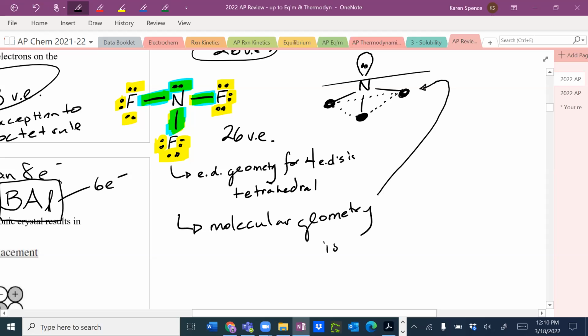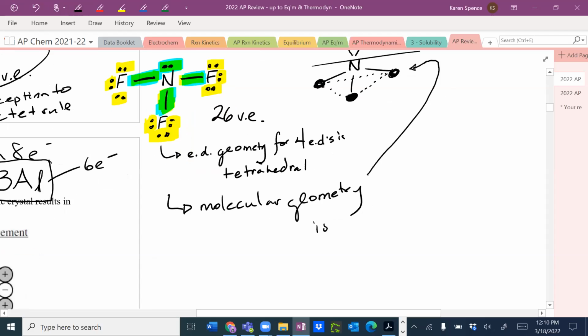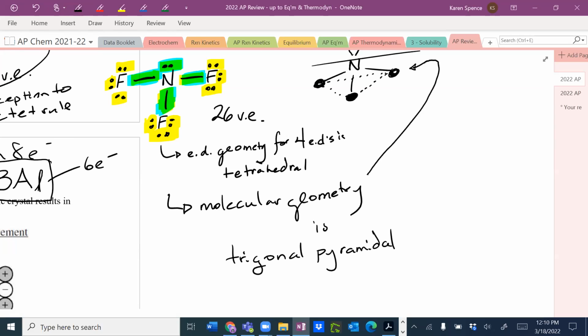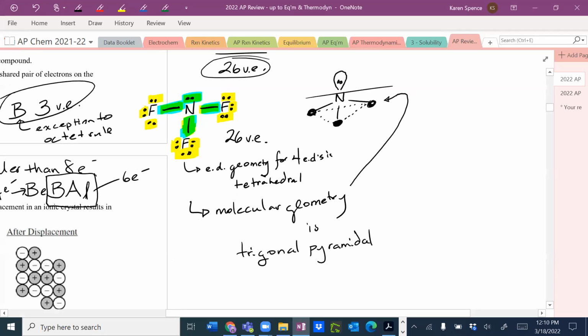And it's a pyramid. So it is trigonal pyramidal, trigonal pyramidal. Okay, so we have our little trigonal pyramidal thing there, and that means that this is asymmetrical.